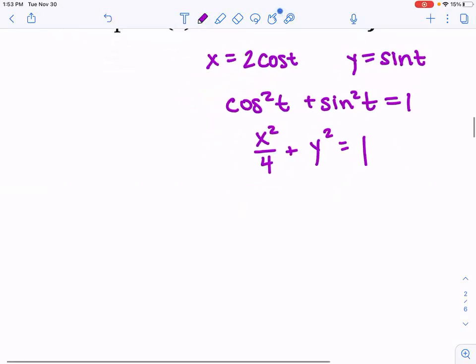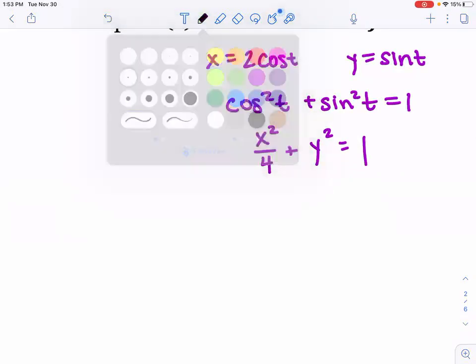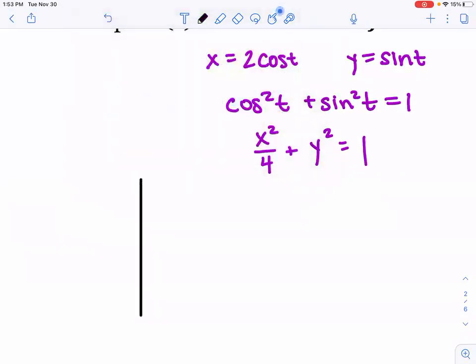So this oval, is it longer horizontally or vertically? Good, how do you know? It's not a bad way to think of it. So 4 is underneath of x squared, which means from our center, we're gonna move out how far? 2. 1 is underneath y squared, so vertically, we're gonna move out 1.